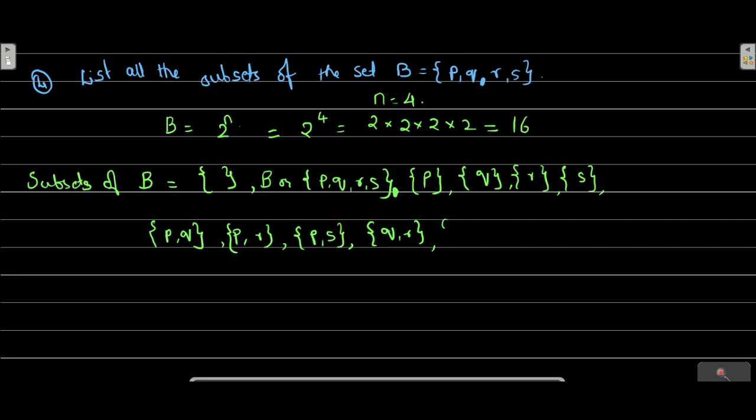Then we write all the possible combinations: Q R and Q S. Then next is R S. As all the possible combinations are completed, see P Q, P R and P S, Q R and Q S, then R S. These are all the possible combinations.